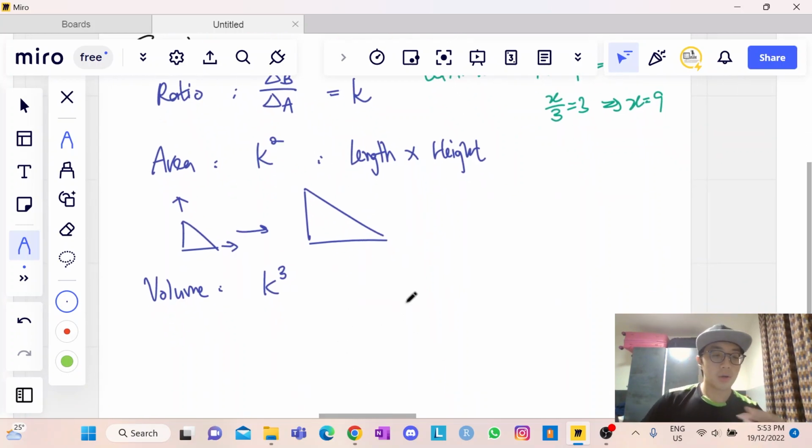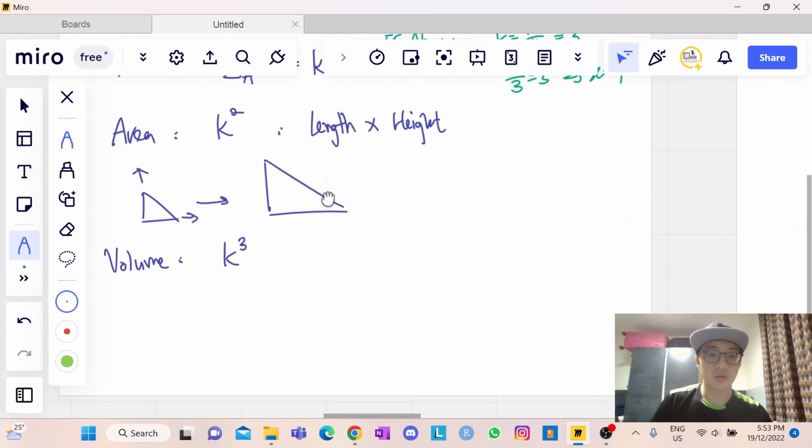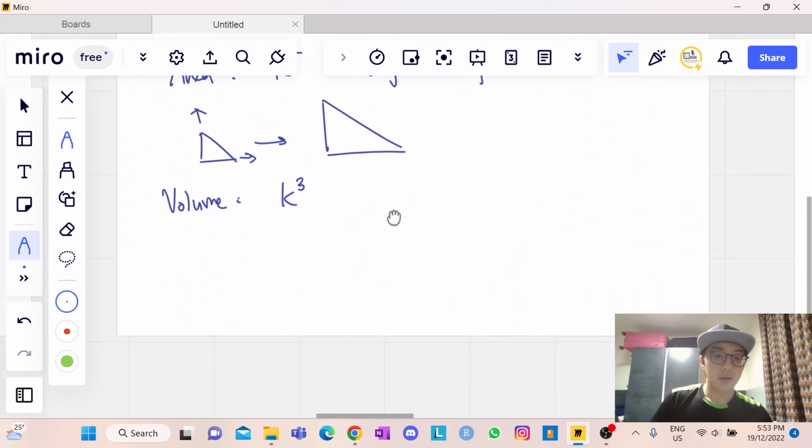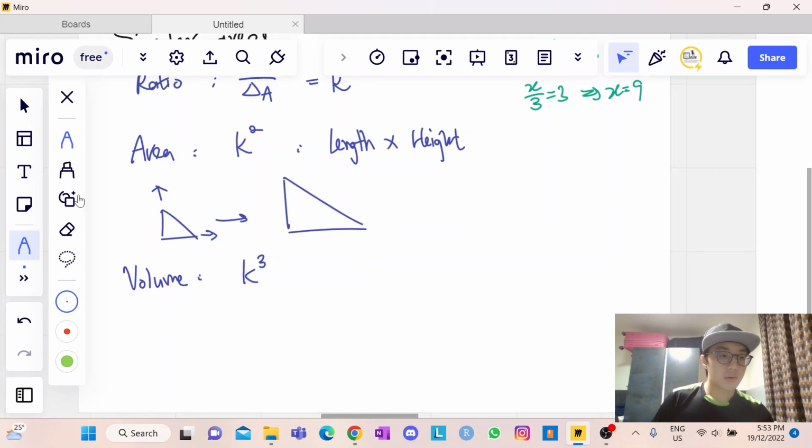So we're going to prove that this k squared actually works for the area of triangles. If we look back up here, let's erase this volume first. I'm going to include it at the last line.